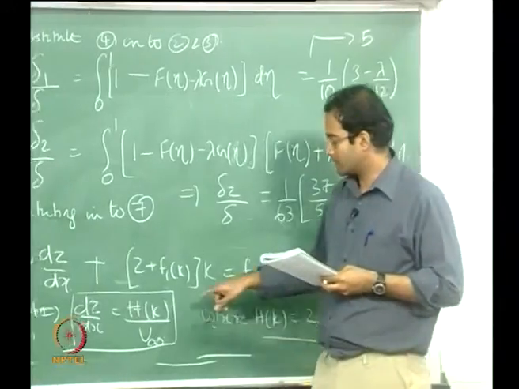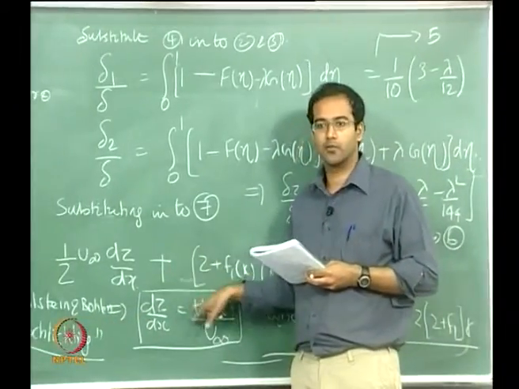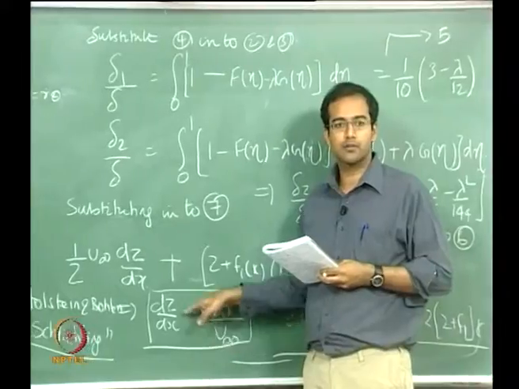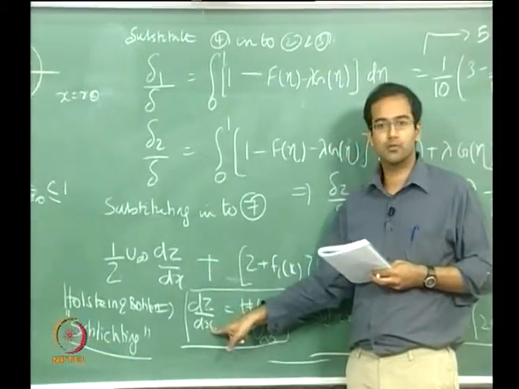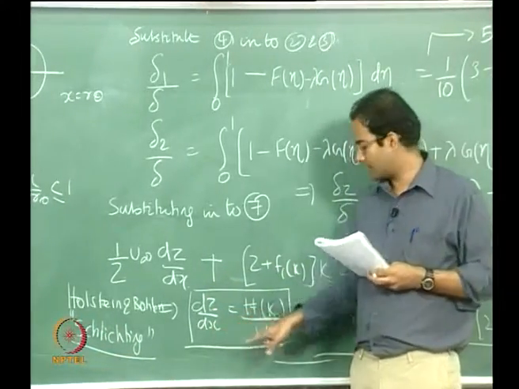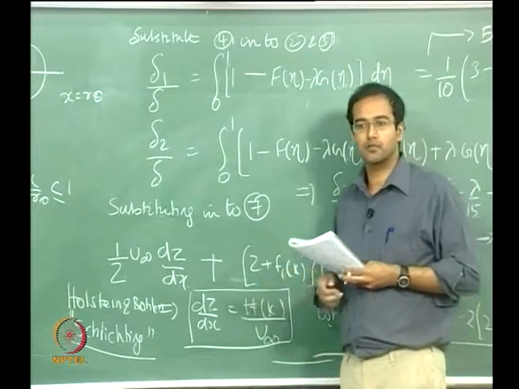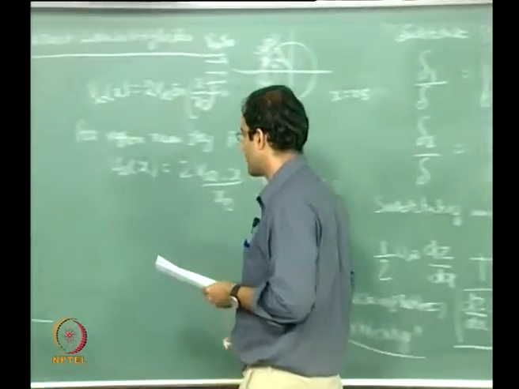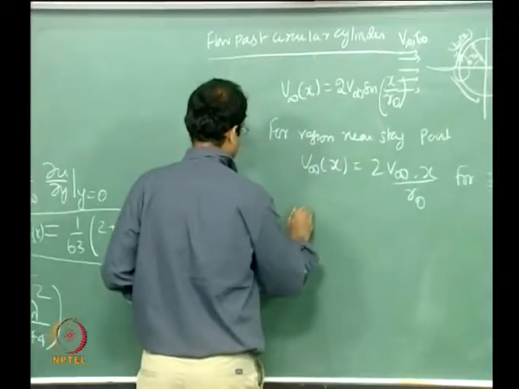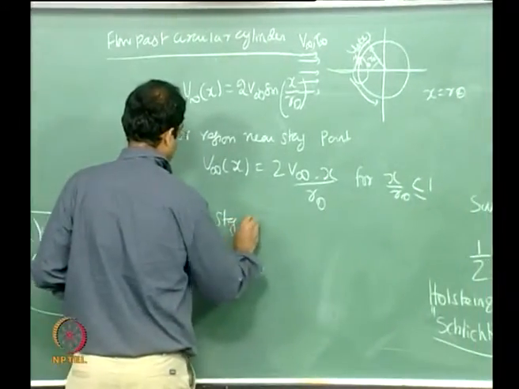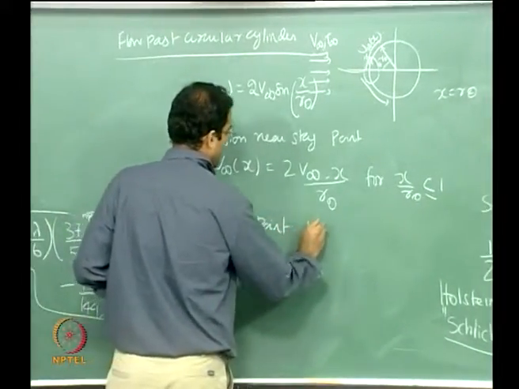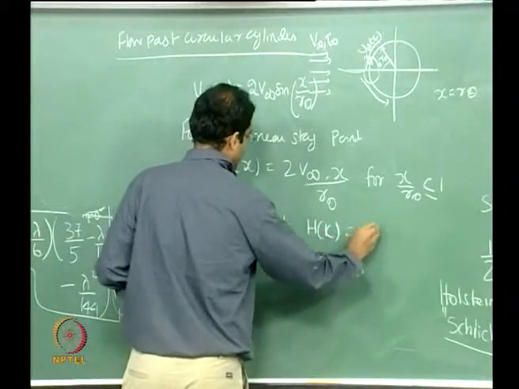So for this expression to be finite, if u infinity goes to 0, that means dz by dx goes to 0 at the stagnation point. To avoid that, h of k should go to 0. So therefore at the stagnation point, for the circular cylinder case, h of k has to be 0.